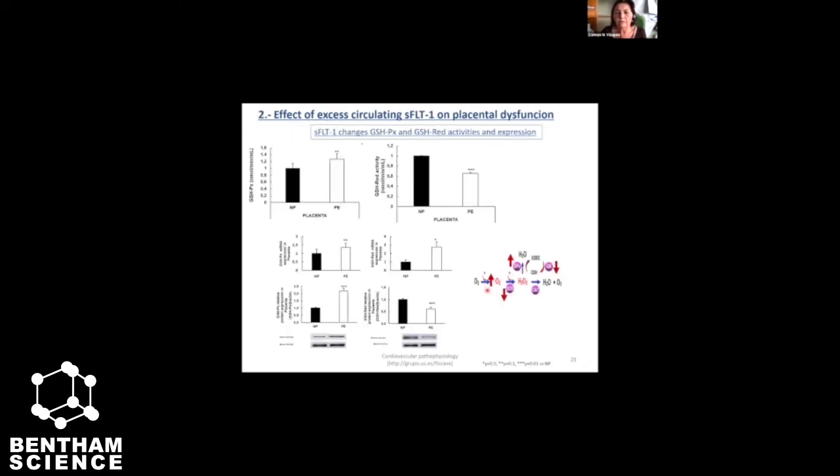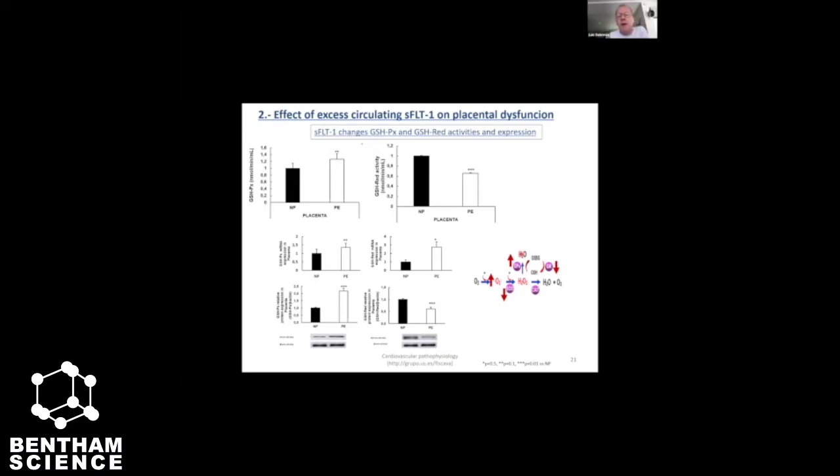However, for the other antioxidant enzymes, such as peroxidase and reductase, the results are inverse. The glutathione peroxidase increases and glutathione reductase decreases. So it means that if you have an increase in glutathione peroxidase, you are producing a degradation of hydrogen peroxide and producing water.